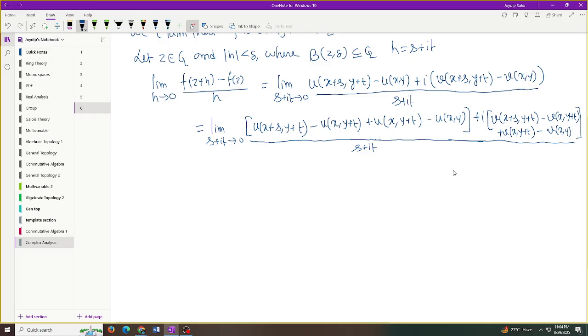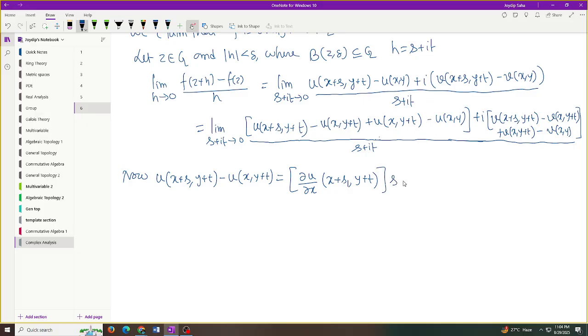Now this term u(x plus s, y plus t) minus u(x, y plus t) equals del u del x at (x plus s1, y plus t), times s. I fix y plus t, then it is a function of x.